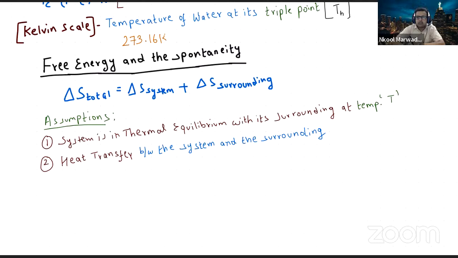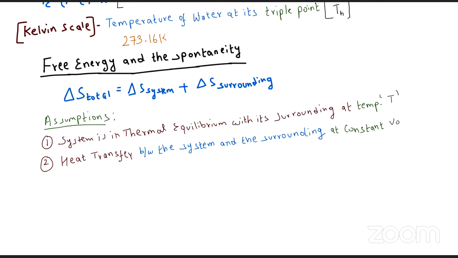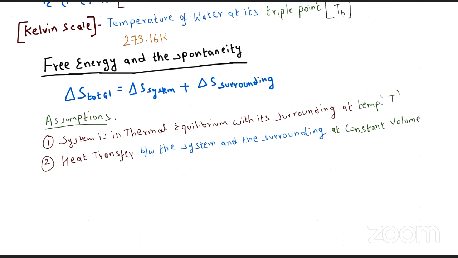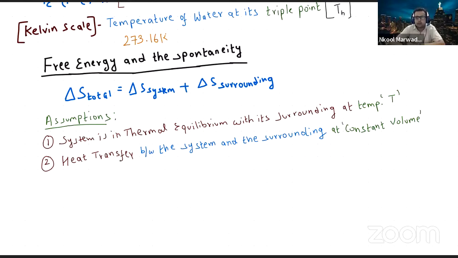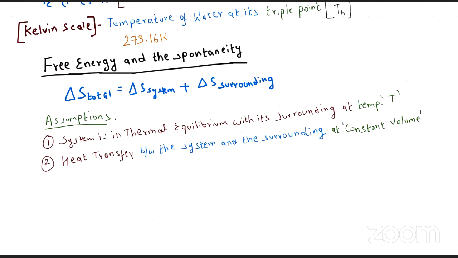Constant volume is something which we can achieve in the real world. Constant volume is an isochoric process.